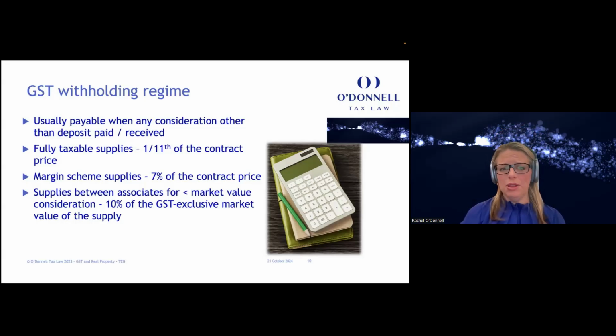And where there's supplies between associates for less than market value consideration, then it's 10% of the GST exclusive market value of the supply. So you can't tweak the consideration and get out of some withholding as a result of that.